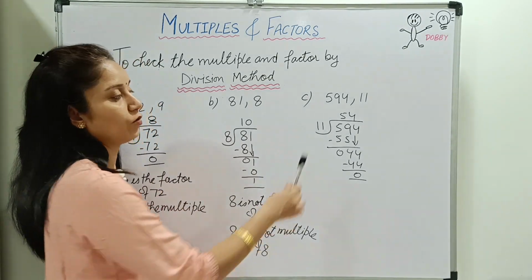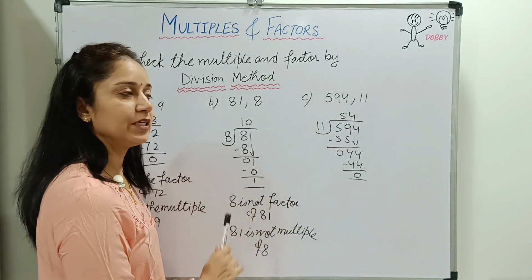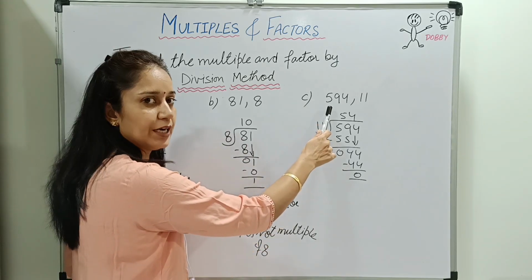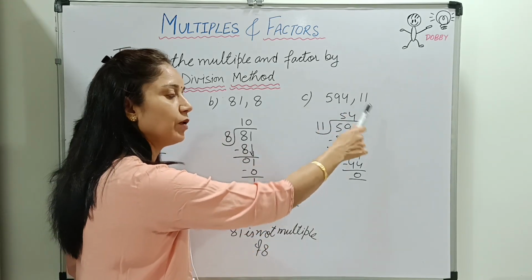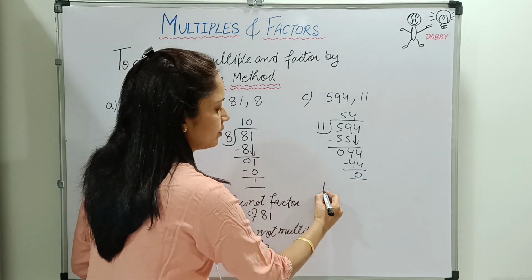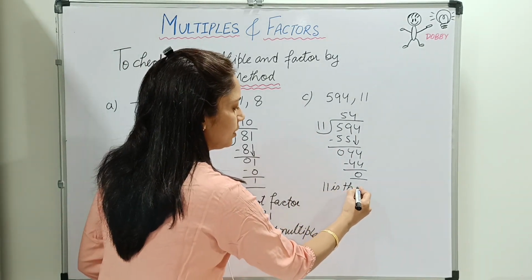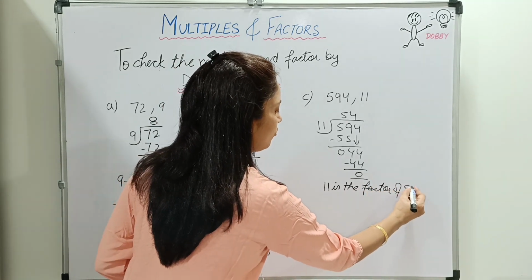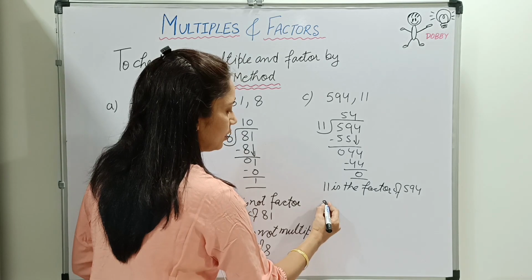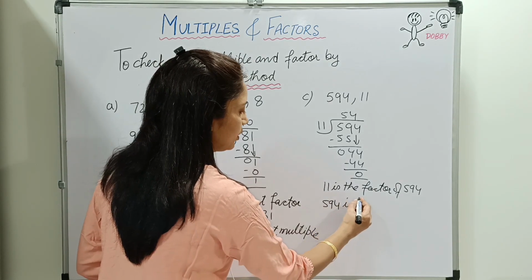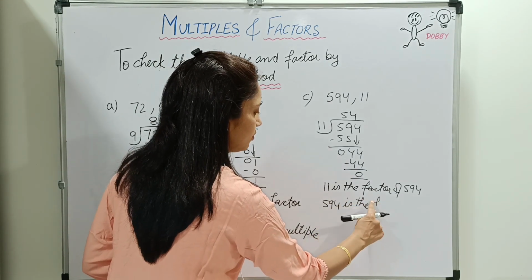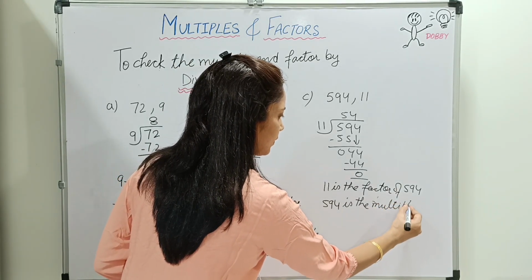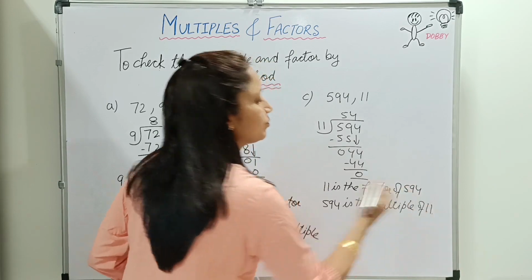So we can conclude the smaller number 11 is a factor of the bigger number 594 and 594 is a multiple of 11.